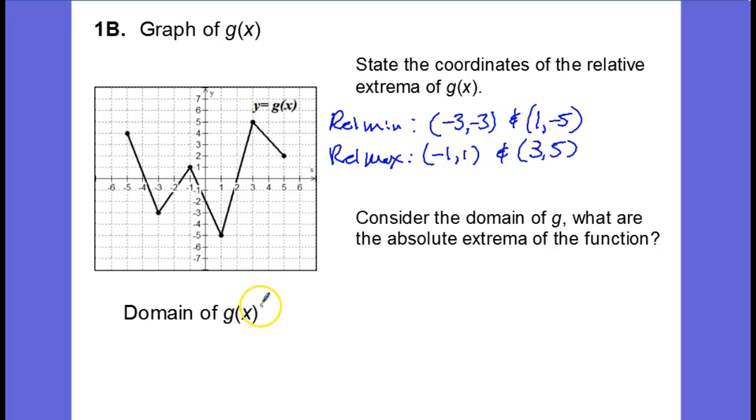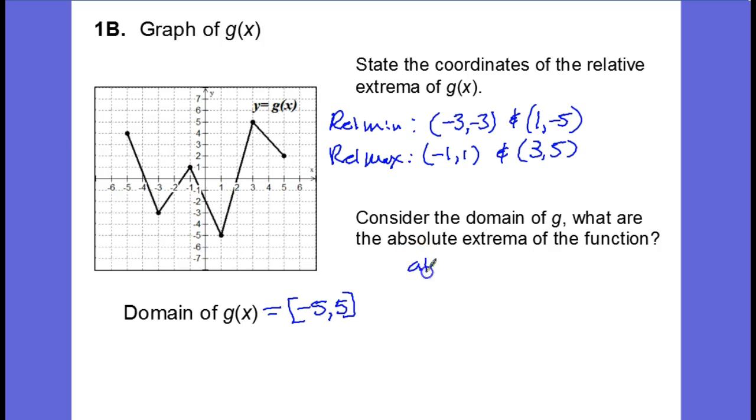Now the domain of this function is negative 5 to positive 5, and that is a closed interval, meaning that those two endpoints are included, and I know that because they've used shaded circles to indicate them. With that in mind, do I have any absolute extrema? The absolute extrema will be the highest and lowest points.